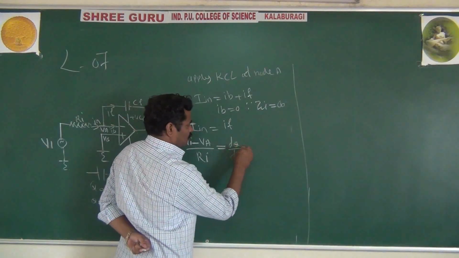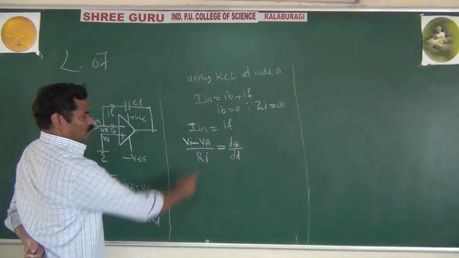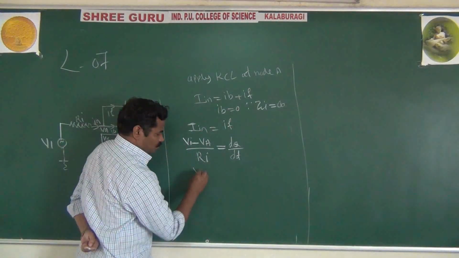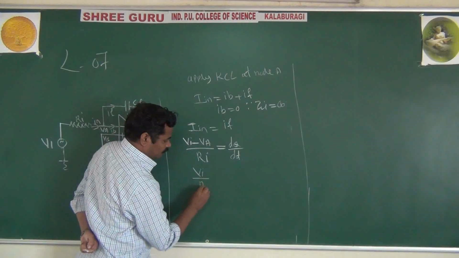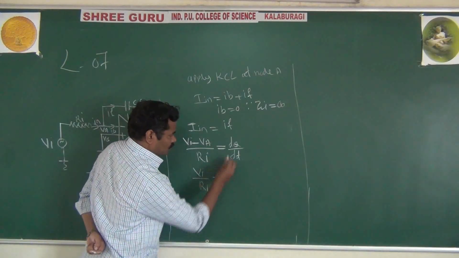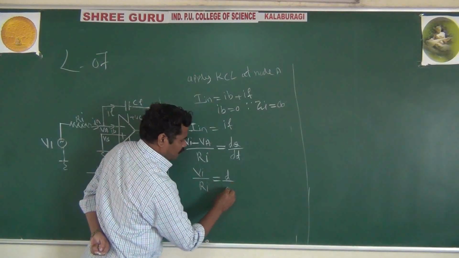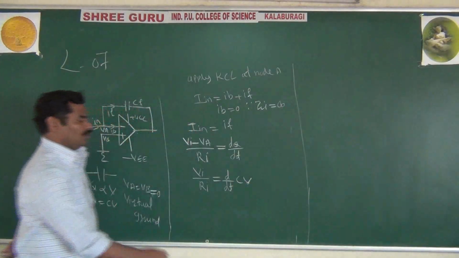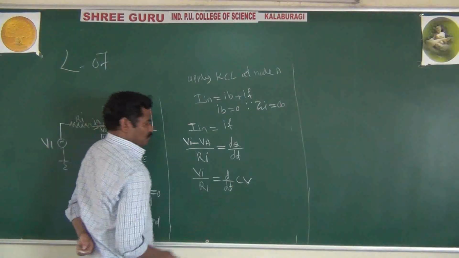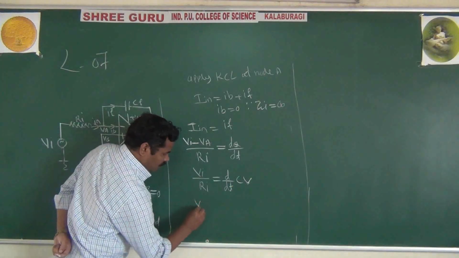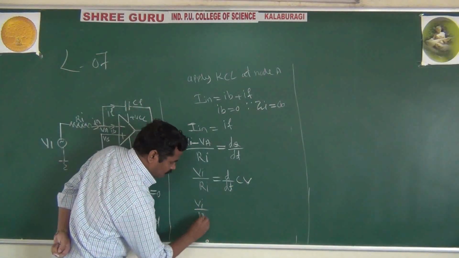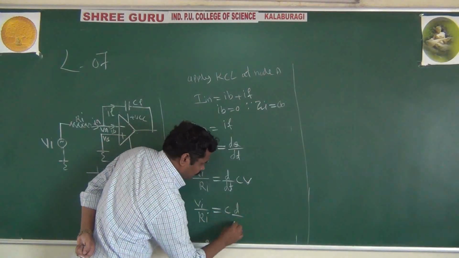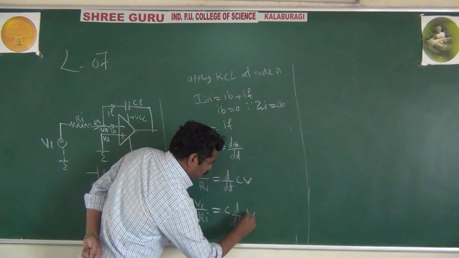Here also Va is 0 because of the virtual ground concept, so Vi by Ri equals d by dt of C into V. C is constant, so take it outside: Vi by Ri equals C into d by dt of V.